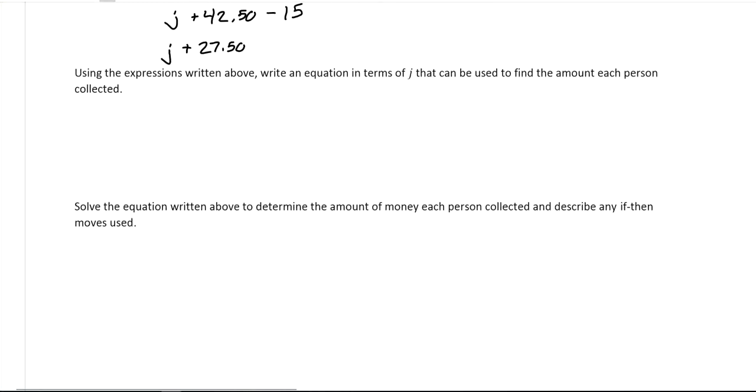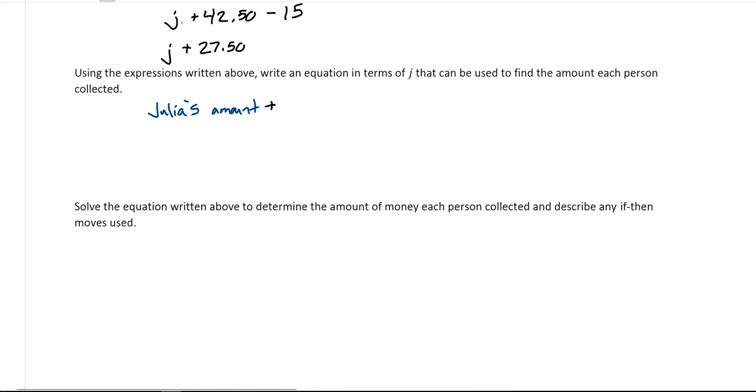All right. Using the expressions written above, write an equation in terms of J that can be used to find the amount each person collected. So remember, we have Julia's amount, and the whole story is that all three of them together collected $125.95 total.